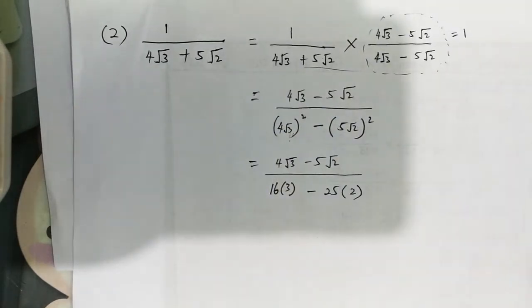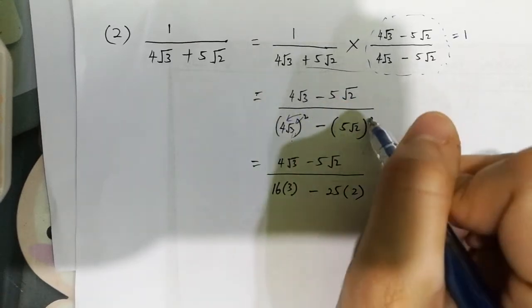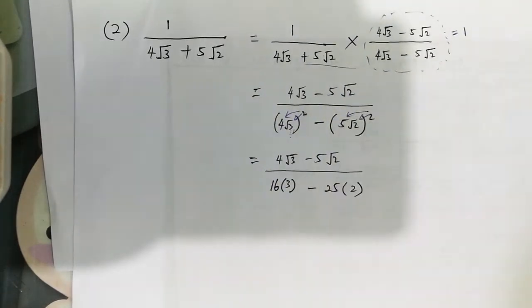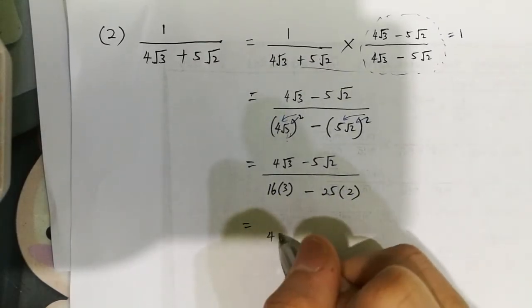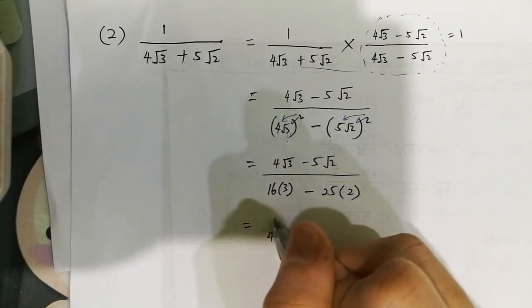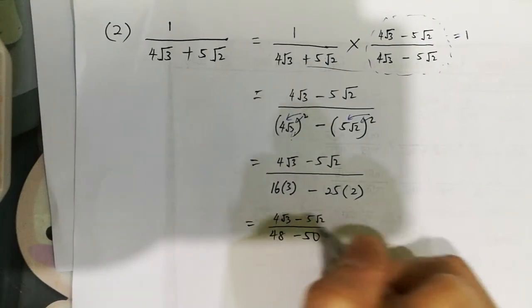Bring in the power to the root and also to the integers. So you actually get, this is 48 minus 50, 4 root 3 minus 5 root 2.